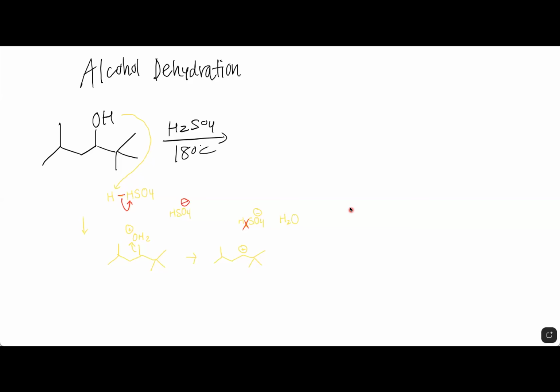so can I just take any from like this side? Yeah, any of those methyl groups. We have three methyl groups, so just choose one methyl group to move onto the carbocation. Okay.